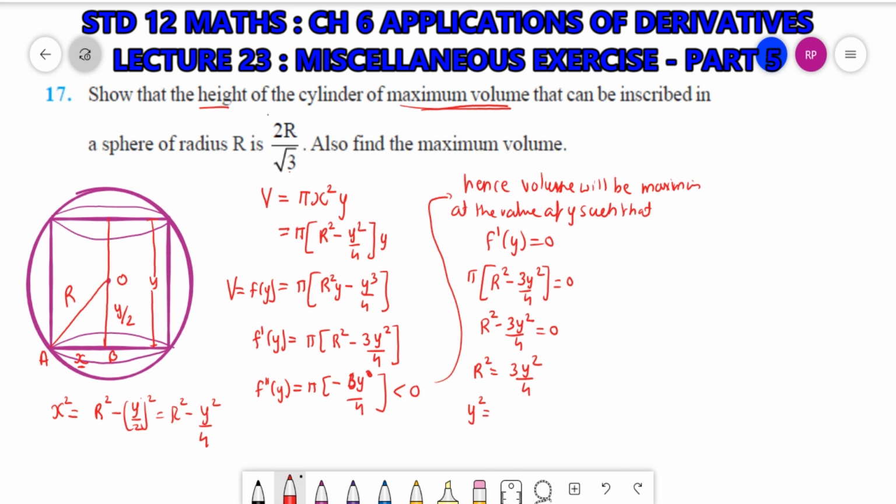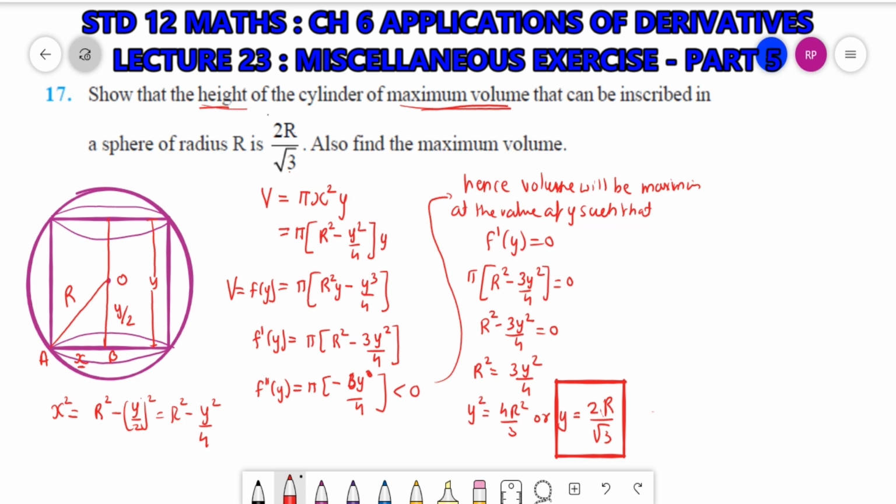So y square is equal to 4r square by 3, or y, when I take square root on both sides, is 2r by root 3. Okay, so we got the value of y. At this value of y, the volume will be maximum. So hence we have proved the first part.